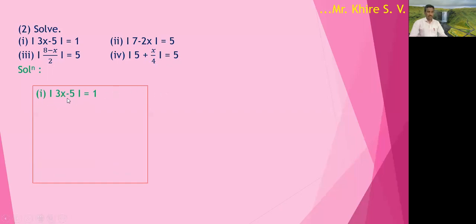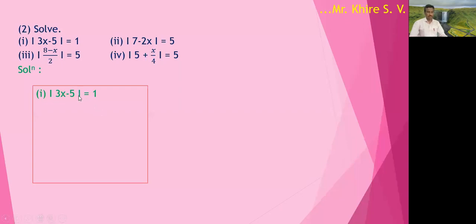First example is mod of 3x minus 5 is equal to 1. If we remove the mod symbol from the LHS, LHS means left hand side, then the RHS value will become positive or negative, plus minus 1.